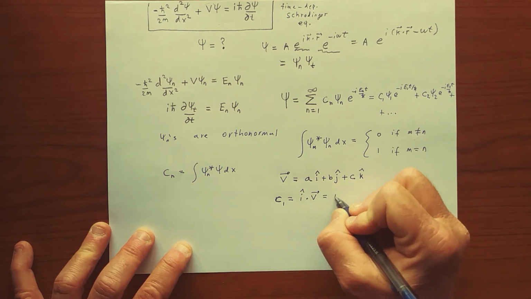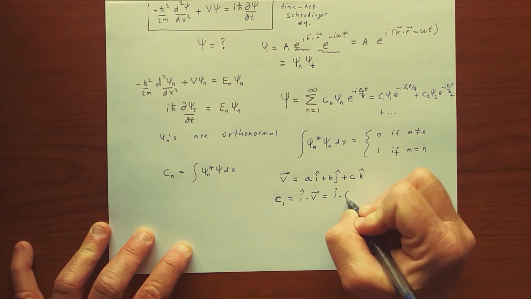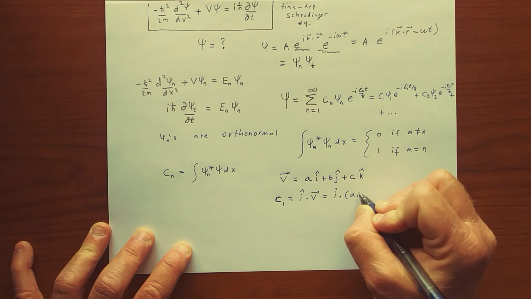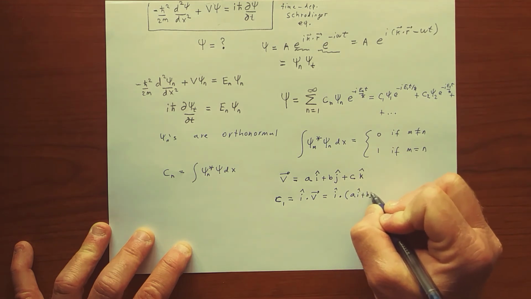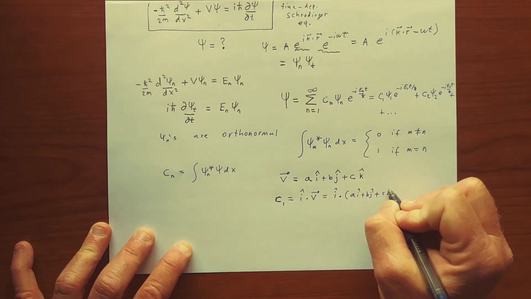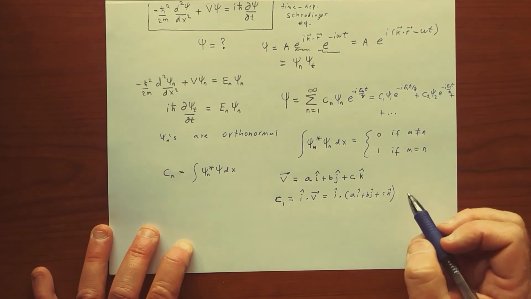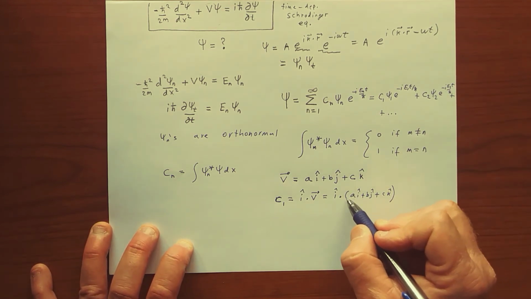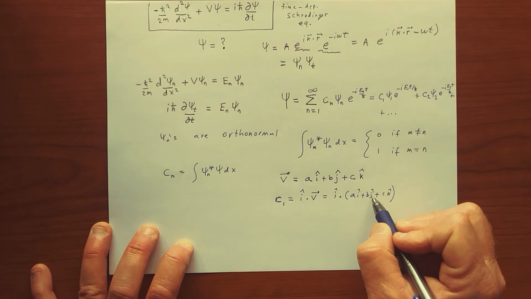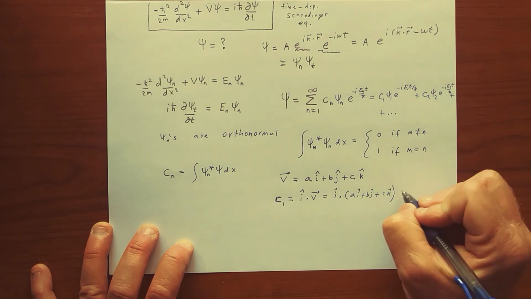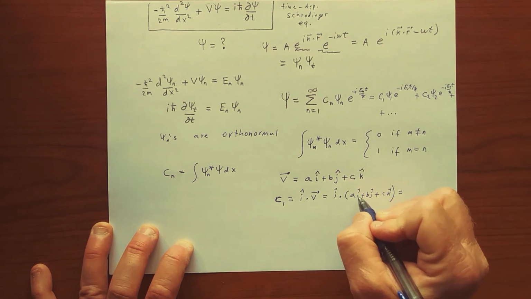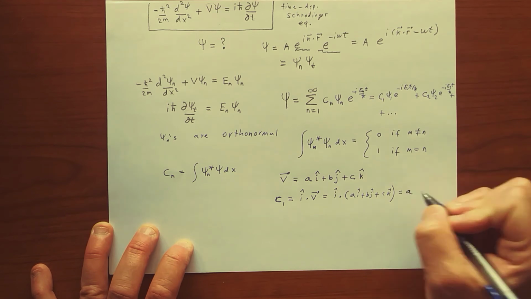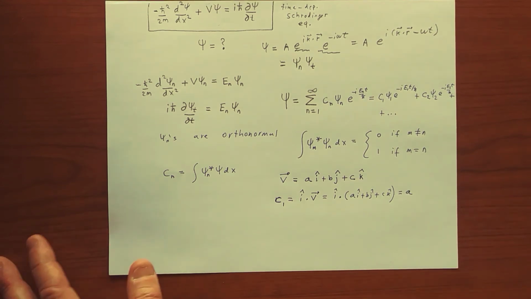And, of course, that gives me i dot a i hat plus b j hat plus c k hat, but the only non-zero contribution is the first term, because i dot j is 0 and i dot k is 0, so I get i dot i is 1, and I just get the a. So C1 is equal to a.